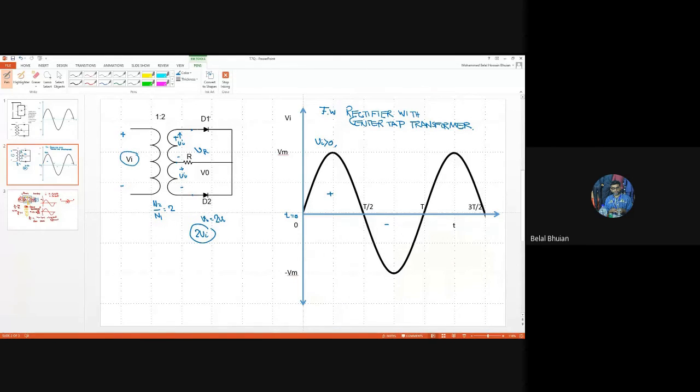So that means the upper part of the circuit, which consists of the resistance and the diode D1, is experiencing Vi signal. Also the lower part of the circuit, which consists of resistance and the diode D2, is also experiencing Vi signal.